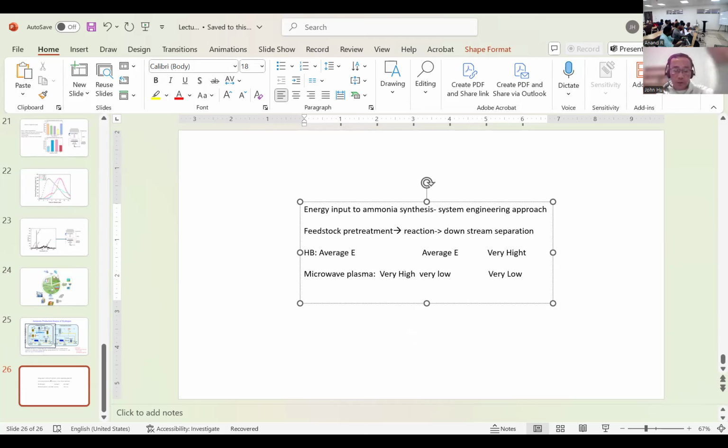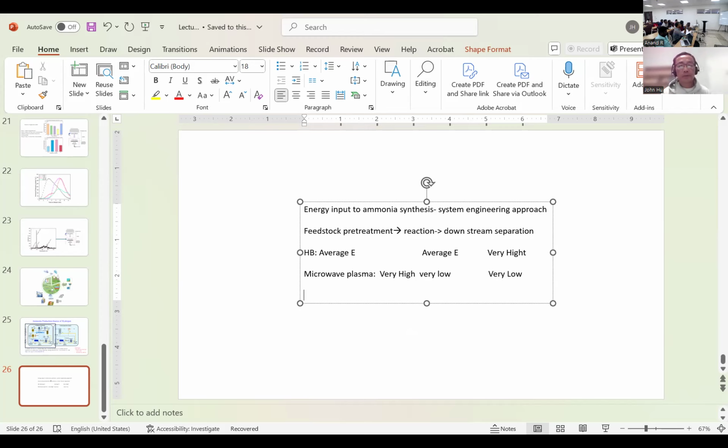This energy breakdown, you will see in the techno-economic analysis. We have a pie chart, and how we save the energy. Does this make sense? Haber-Bosch has average feedstock treatment, average energy reaction, but very high downstream separation. But we have very high, very low, very low. You follow me? Make sense?